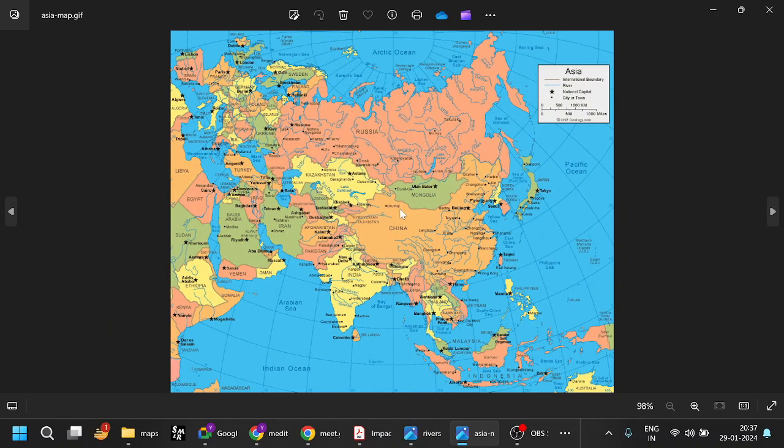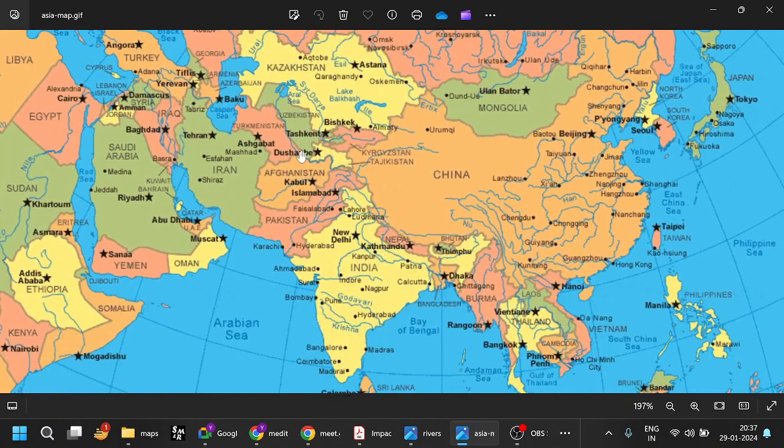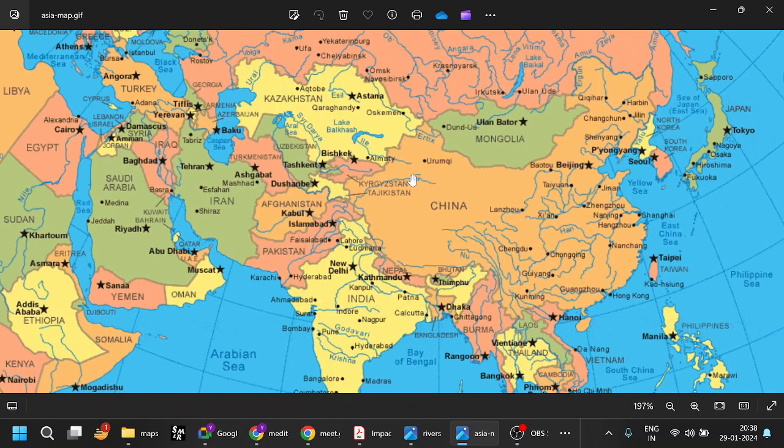Okay, so let us look at Asia. Where is Afghanistan? This is Afghanistan. Okay, India, Pakistan, Afghanistan, Turkmenistan, Uzbekistan. This is Kyrgyzstan and this is Tajikistan, and Kazakhstan is the biggest. Kazakhstan and Mongolia are two big countries, Central Asian countries. China is in between. Kyrgyzstan, Tajikistan, and Afghanistan.